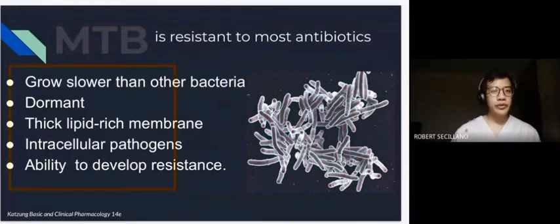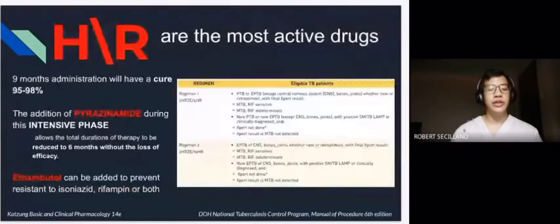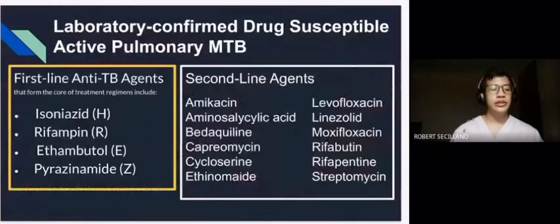So how do we treat laboratory confirmed drug susceptible active pulmonary tuberculosis? First, let us review the first line anti-TB agents. On your left, in the yellow box, here are your first line TB agents: isoniazid, rifampicin, ethambutol, and pyrazinamide.